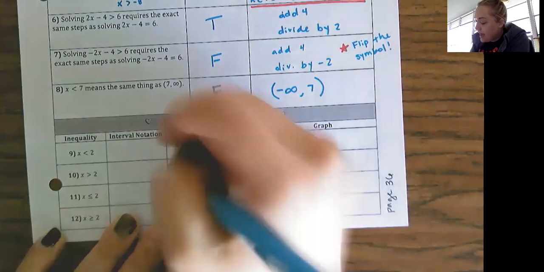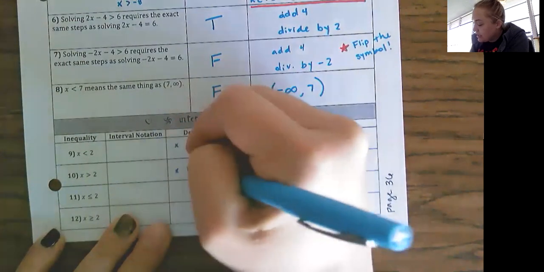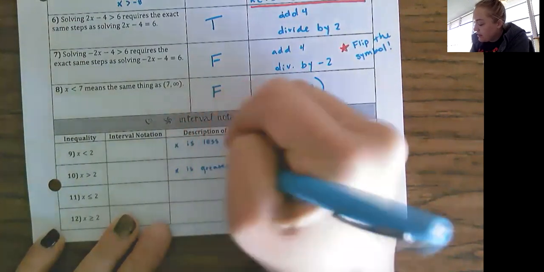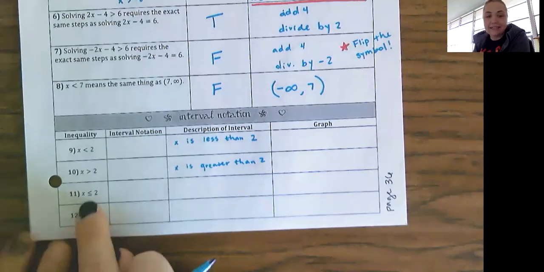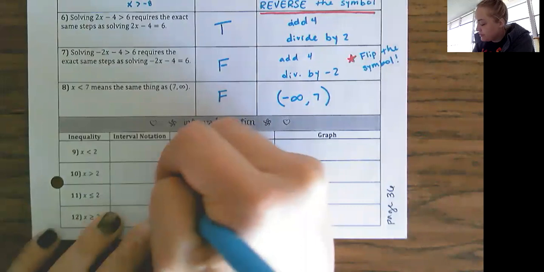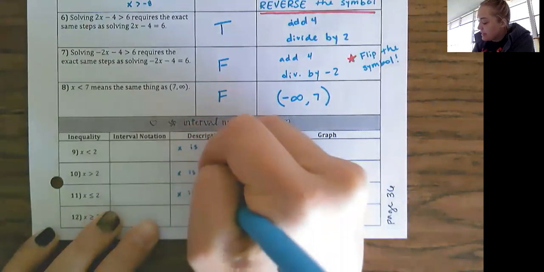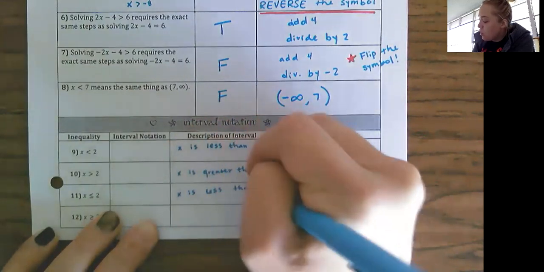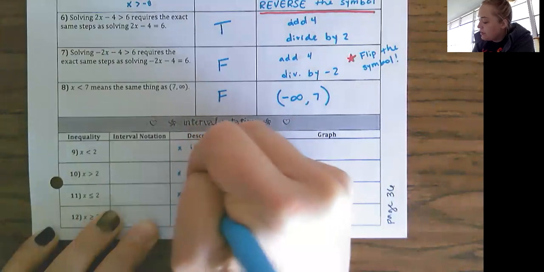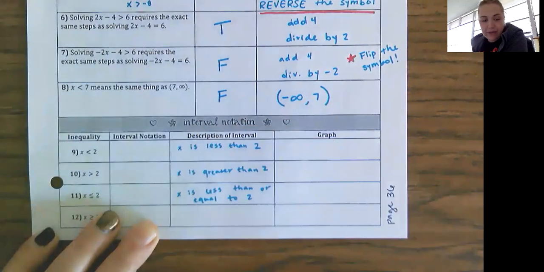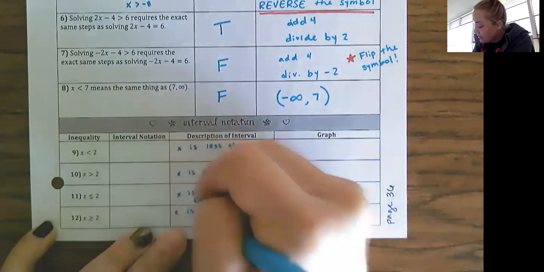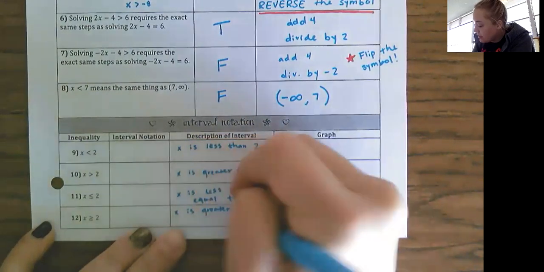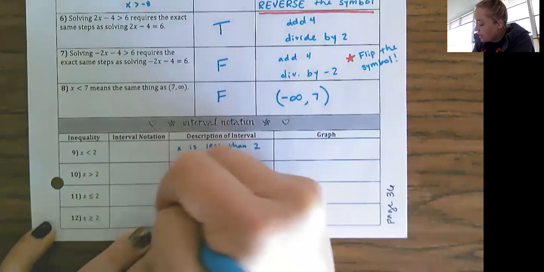Right here, I know x is greater than 2. On this next one, x is less than or equal to 2. And then the last one, x is greater than or equal to 2.